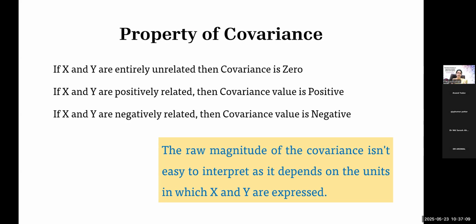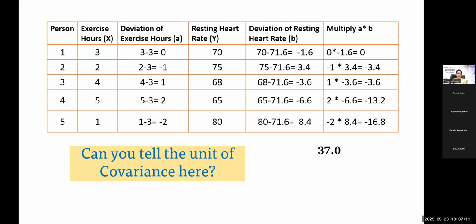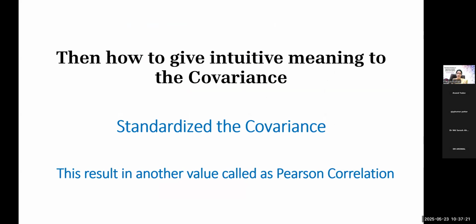So the question is, can you tell the unit of this covariance here? I've already told you probably that it will be hours times beats per minute. But again, how do we get the meaning of covariance? Because if I say minus 37, it does not give me an intuitive meaning. So generally you standardize this covariance value.